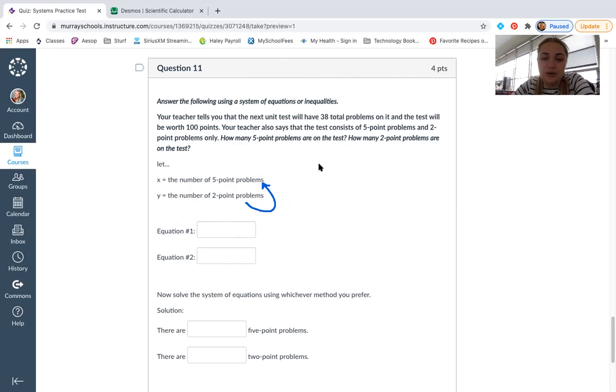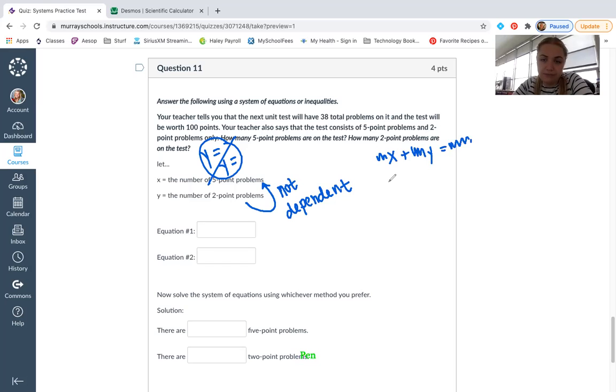So these two are not dependent on one another, which means we are not going to do y equals stuff. That's when they're dependent. This one's going to be something x plus something y equals something for both of them.